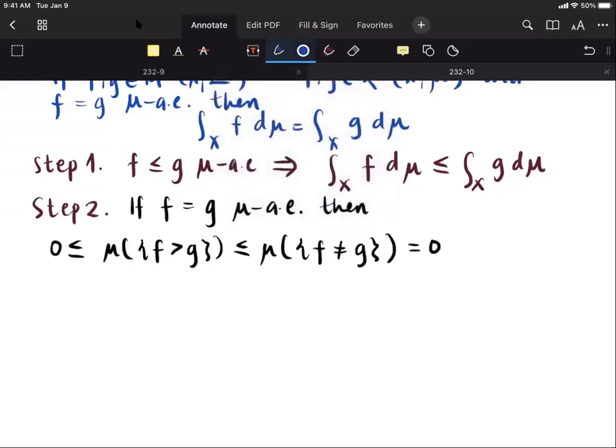So this implies that the function f is less than or equal to g mu almost everywhere.